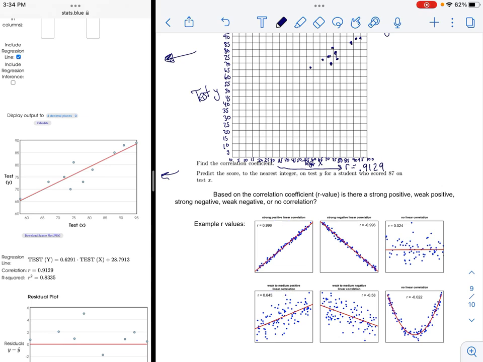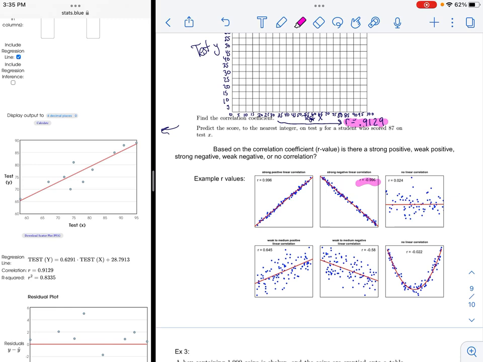Now how we know is we just look at our R value. If the R value is close to 1, it has a strong positive correlation. If it is close to -1, it has a strong negative correlation. If it's close to 0, that means it has no linear correlation.